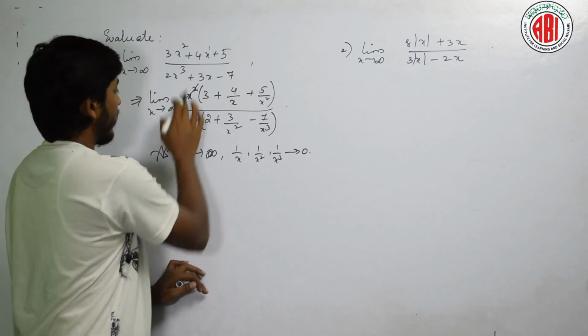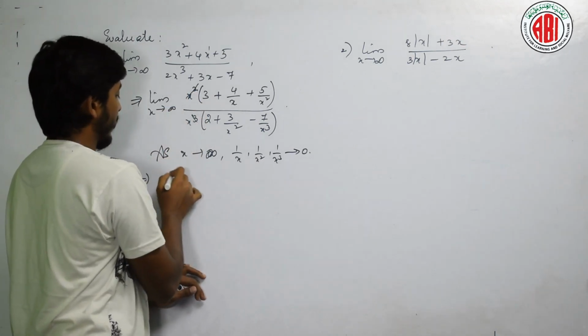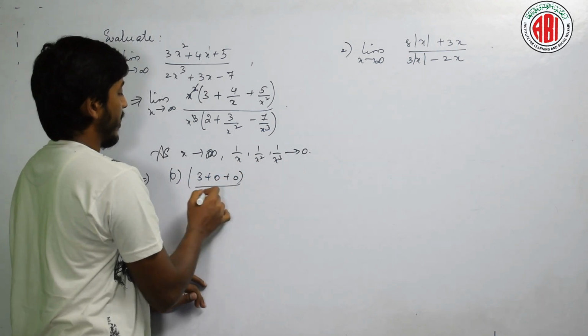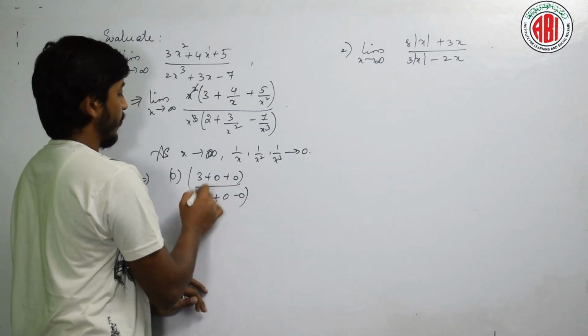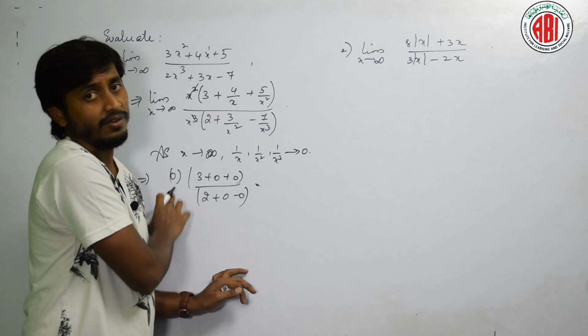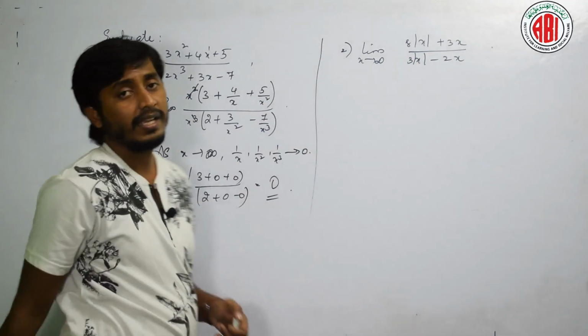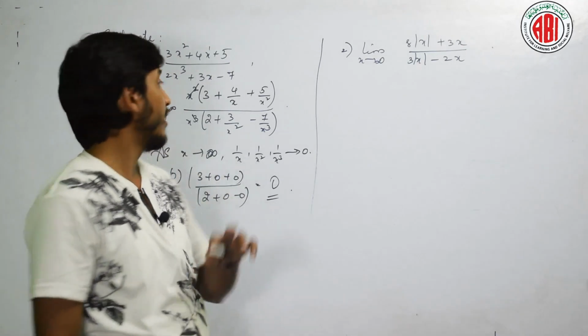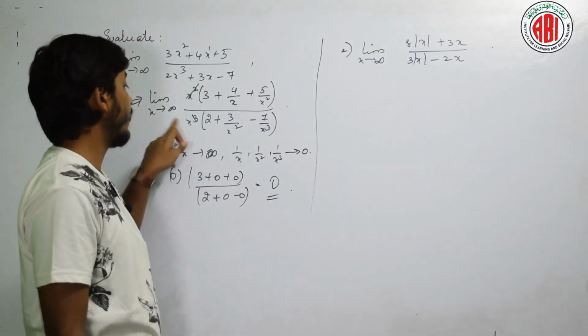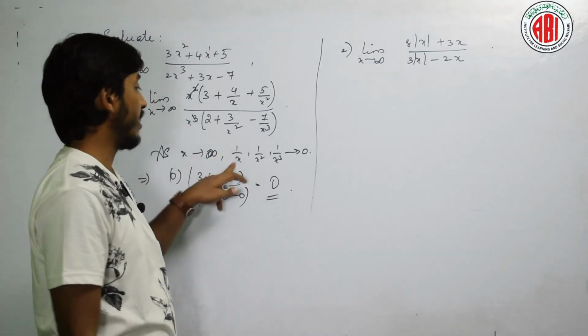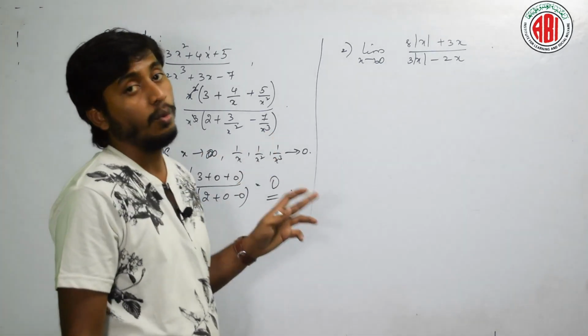Here also it is 1 by x, therefore this will be 0 into 3 plus 0 plus 0, divided by 2 plus 0 minus 0. However, this term itself is 0, therefore the whole term becomes 0. Is it right? Did you understand? See here, as x tends to infinity, whatever the term is, it always tends to 0, that is 1 by x square and 1 by x cube.